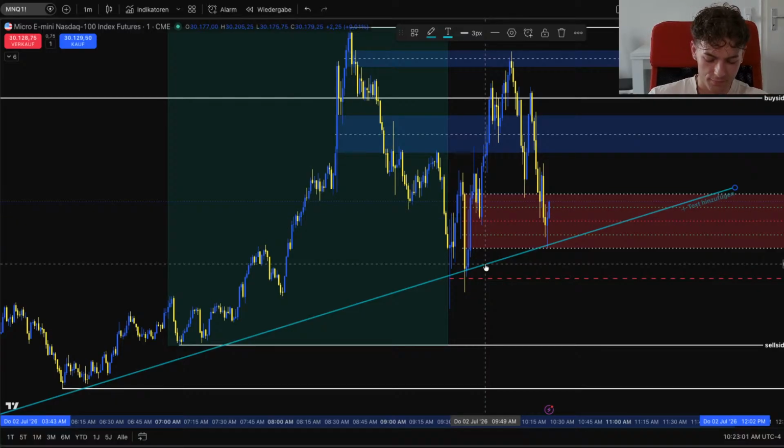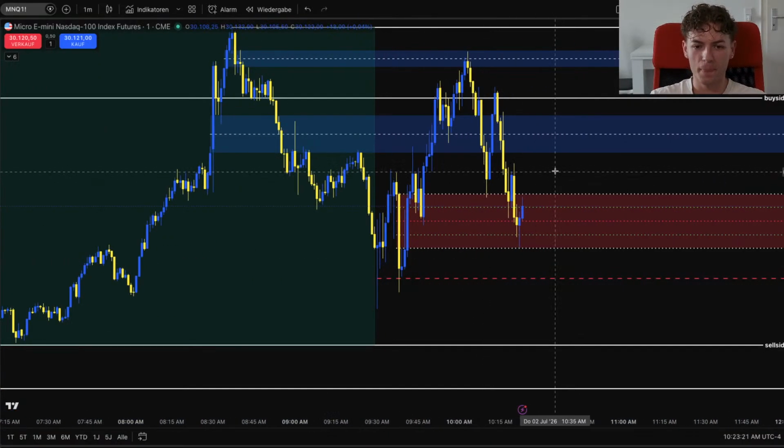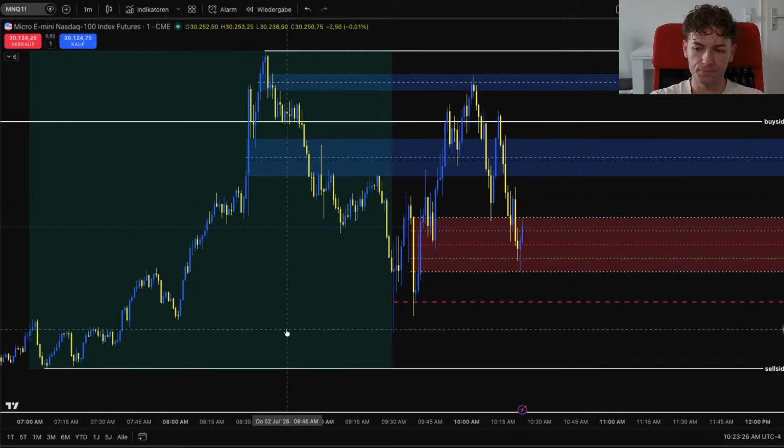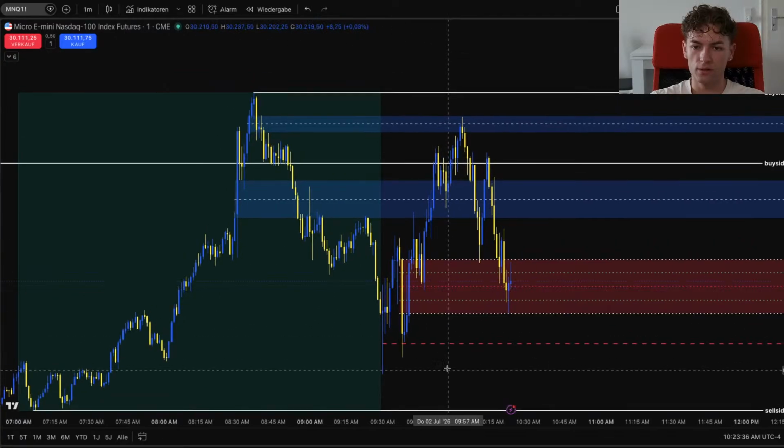Let's see. So what is price actually doing right now, okay? Like I said, it engineered sell side, relatively equal lows down here, and these ones down here.